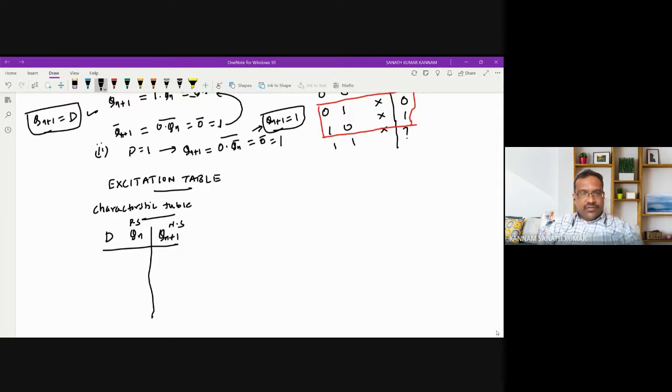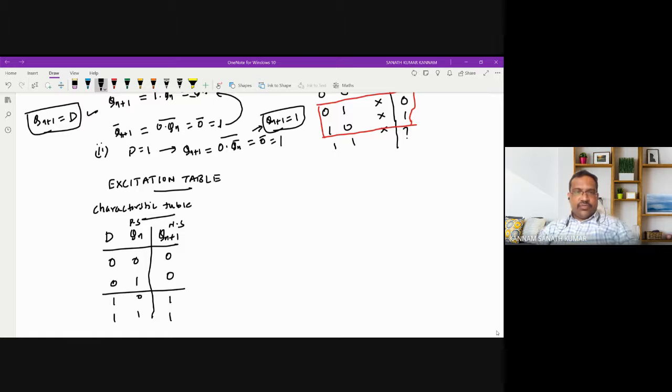Okay, so 0 0, 0 1, 1 0, 1 1. When D input is 0, the next state is 0 0. When D input is 1, the next state is 1 1.